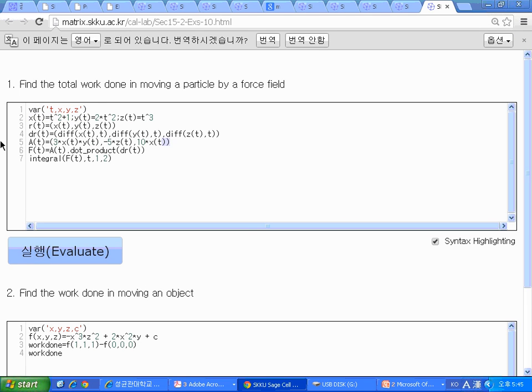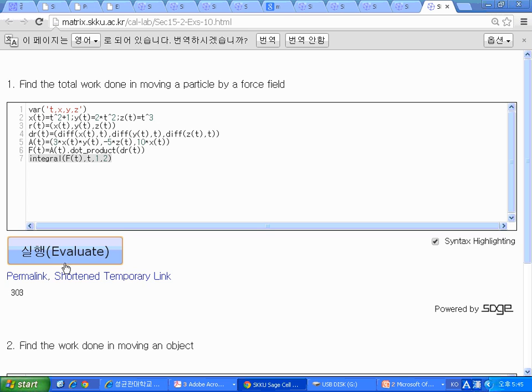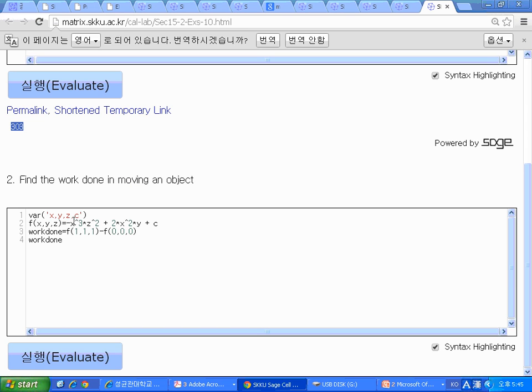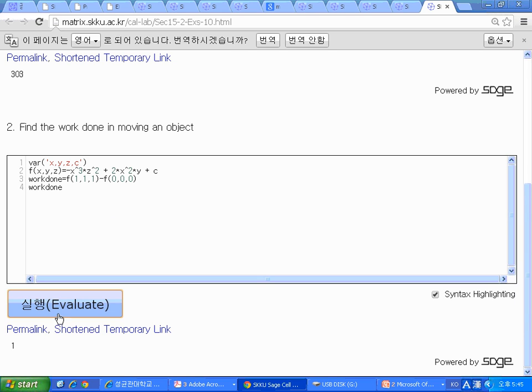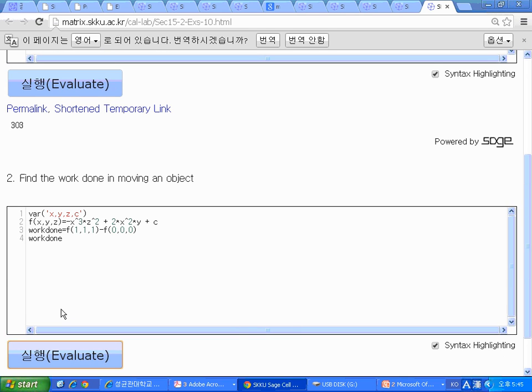We define a function A of t, and we integrate this capital F of t, which gives us the answer 303. And we can also deal with work done, found by capital F of B minus F of A, which should give us the same answers.